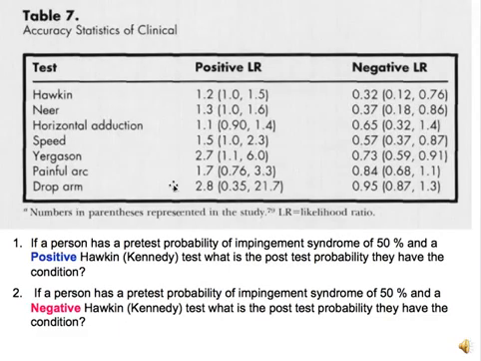And so here's an exercise for you to do. This is the accuracy statistics, positive and negative likelihood ratios for shoulder tests. And what would be a good exercise for you to do just to check yourself is to apply these for a positive Hawkins-Kennedy and a negative Hawkins-Kennedy in terms of the test results to a nomogram and see what you come up with for post-test probabilities.